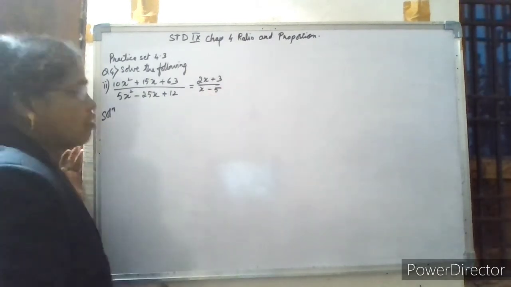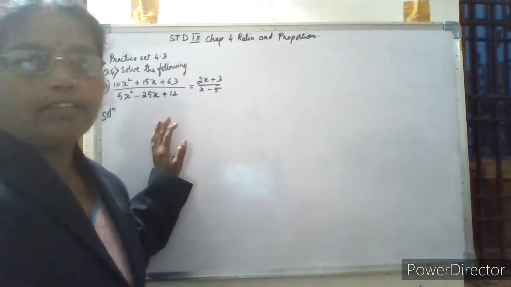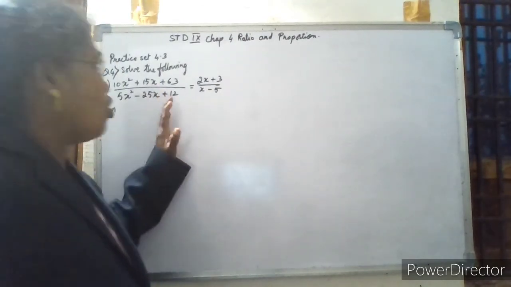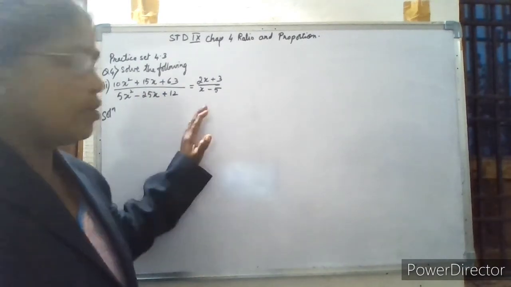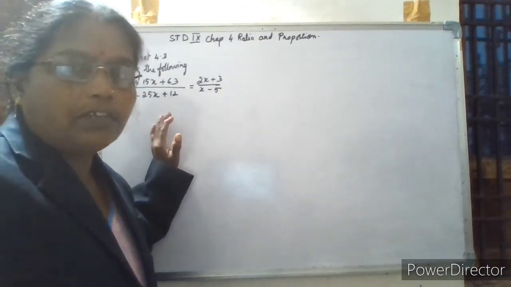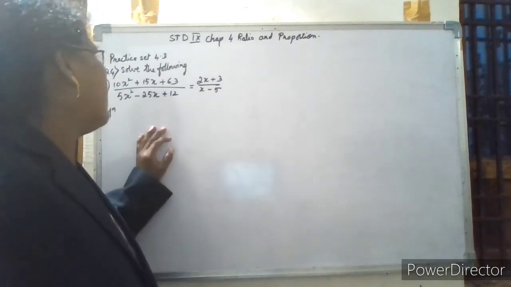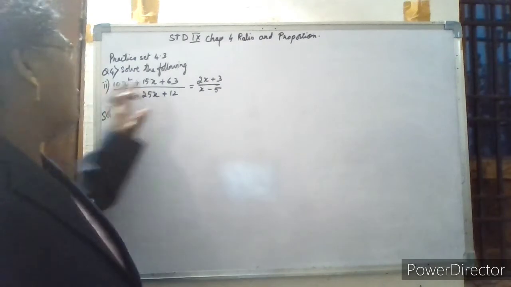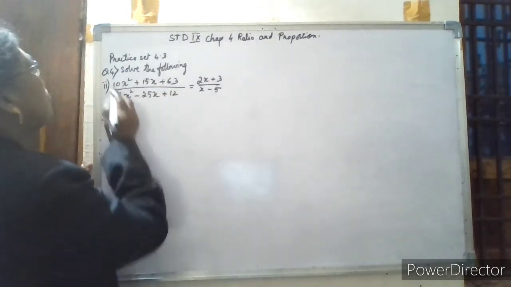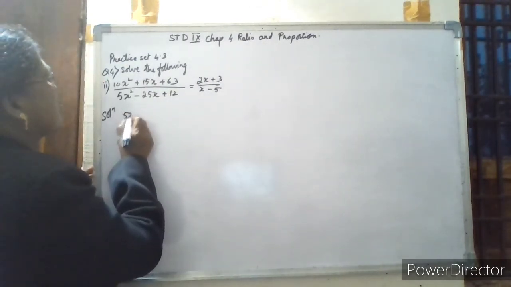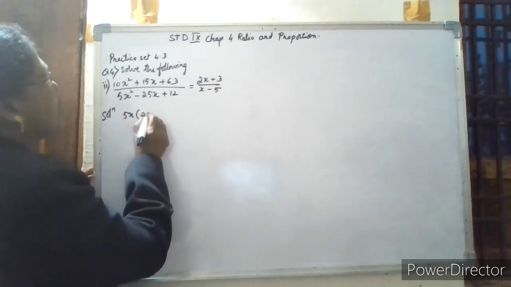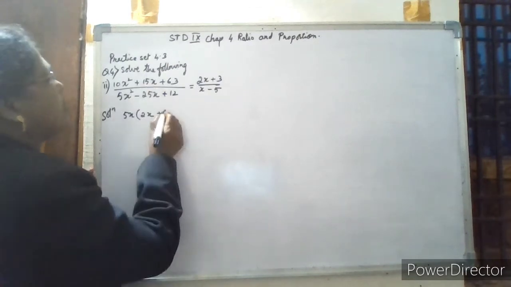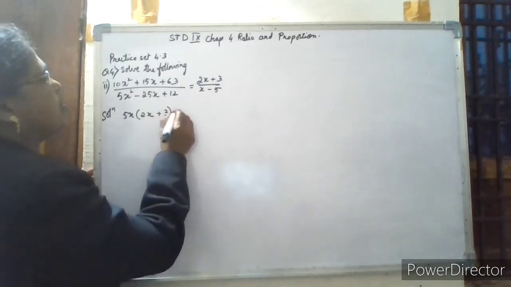Equal ratios are given. If you look at this question, you cannot apply componendo, dividendo, or any other property, so this question is very different. What we can do is take out 5x common from these two terms. 5 twos are 10, 2x plus 5 threes are 15, x gone out, plus 63 remains.